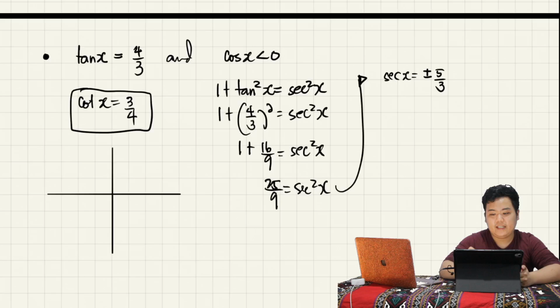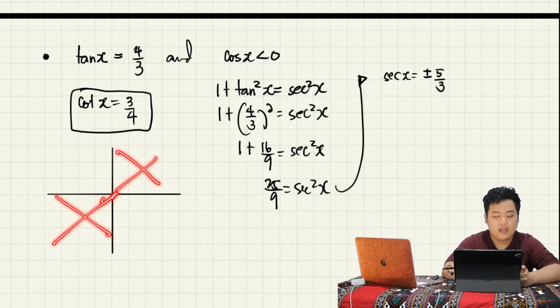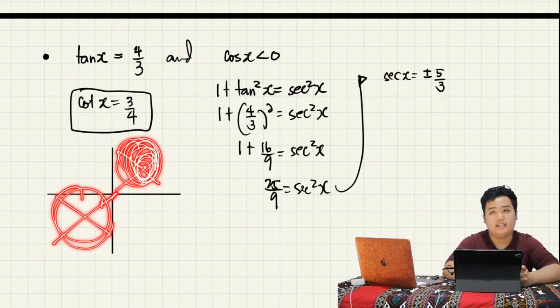Okay, tangent is positive. So, sabi ng all syntacos, it's either nasa quadrant 1 siya or quadrant 3 si P of x kasi positive si tangent. But cosine is negative. So, bawal ka nang mag-fall sa quadrant 1, kasi sa quadrant 1, positive yung cosine. So, nasa quadrant 3 tayo.